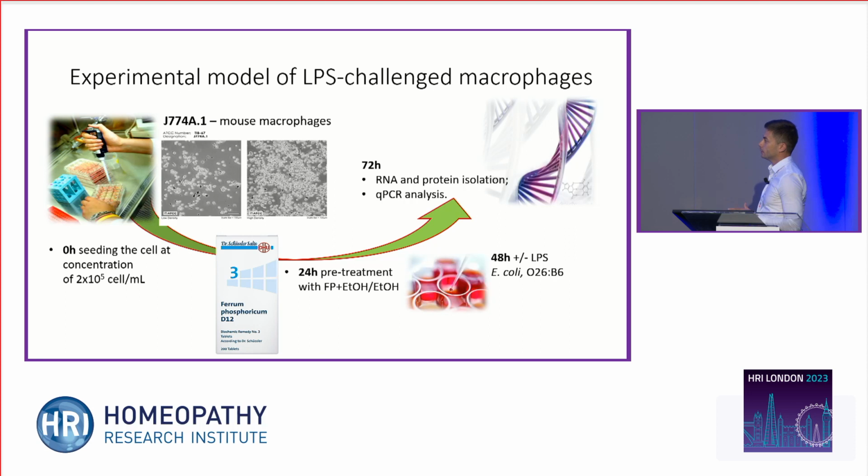We put ferrum phosphoricum in the culture media, or ethanol as a control treatment, and at the end of the 24th hour, on day 2, we treat them or not with bacterial lipopolysaccharides in order to stimulate an inflammatory response in these macrophages. Respectively, 72 hours after, we isolate RNA and protein for qPCR analysis or Western blot analysis of proteins.